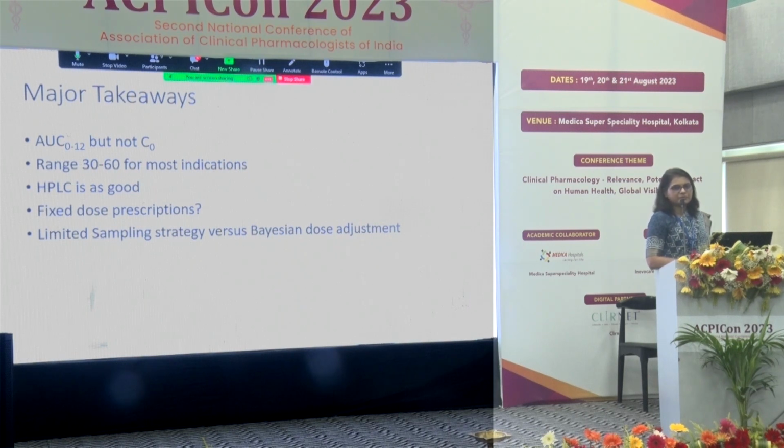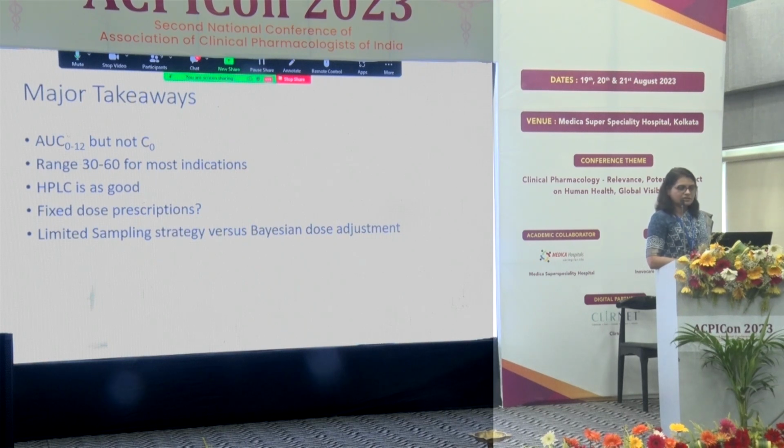You can also go for Bayesian dose adjustment, which is a statistical way of extrapolating the 12-hour AUC of mycophenolate from 1 or 2 samples. Fixed dose prescription is also used, because TDM is not frequently done in many parts of the country, which has been really questioned.